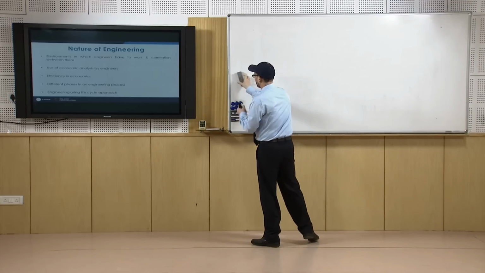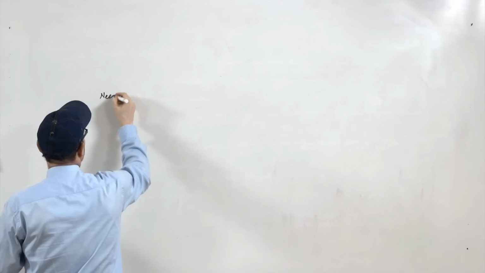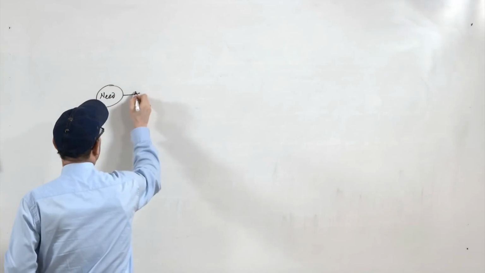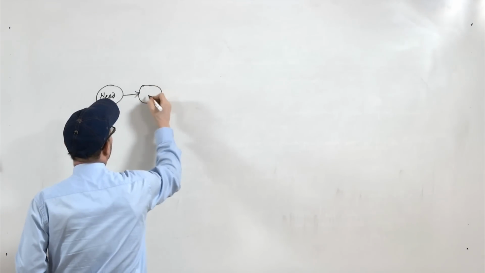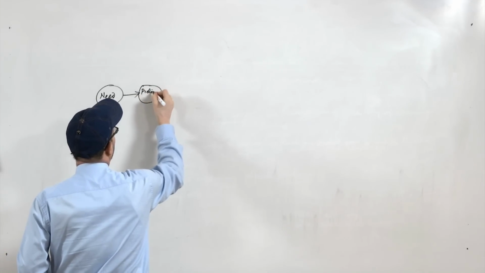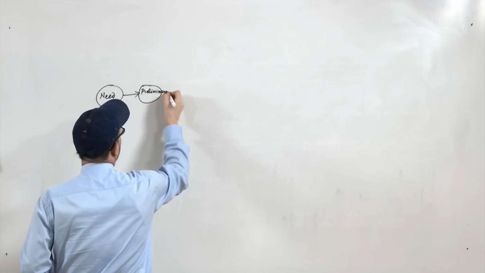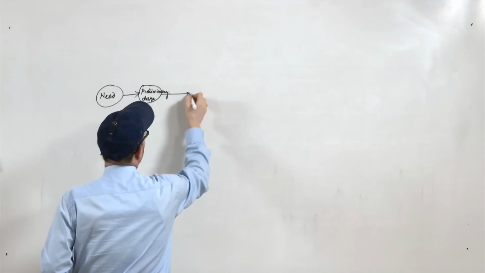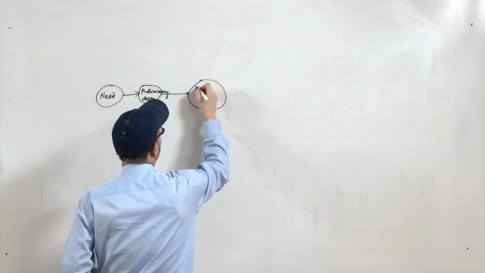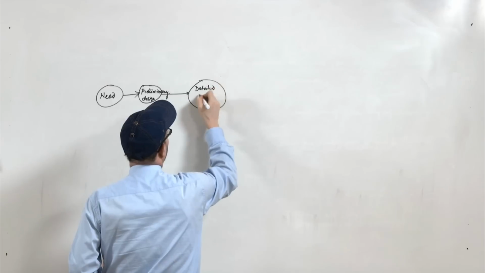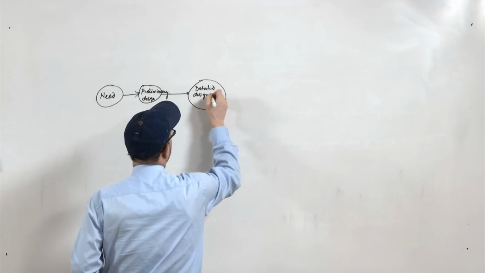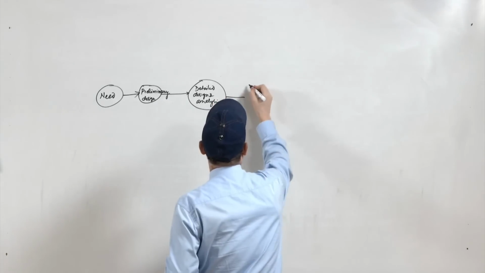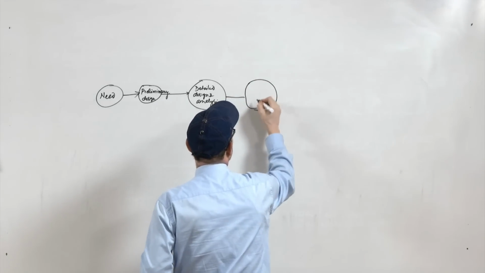Once we have the need which is felt by the customer, then you have a preliminary design, further you make one detailed design and analysis, then after that you go and construct the product.